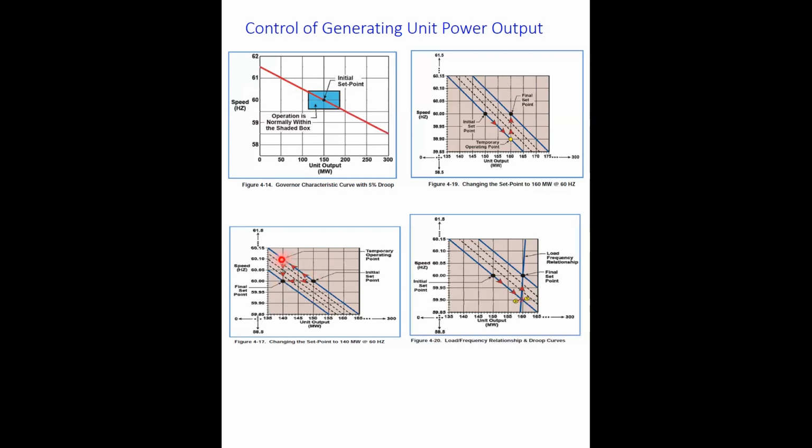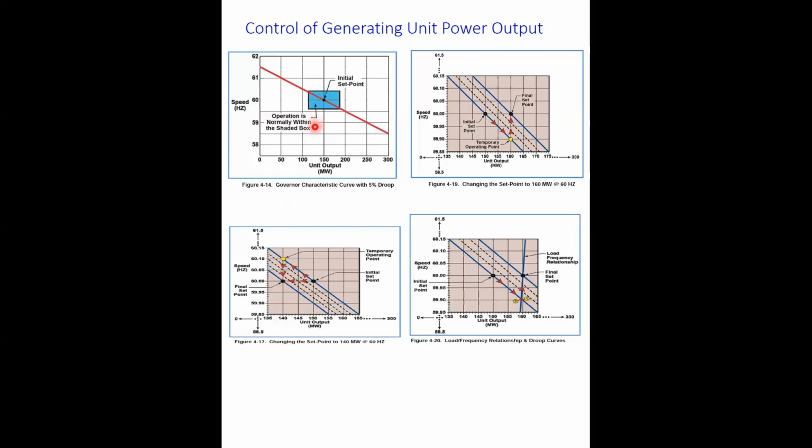And with the regulation applied, the final set point will be this one. So now it means we have the reduced generation power as per the reference set point, 140 megawatt, and for that operating point it will correspond to 60 hertz here.